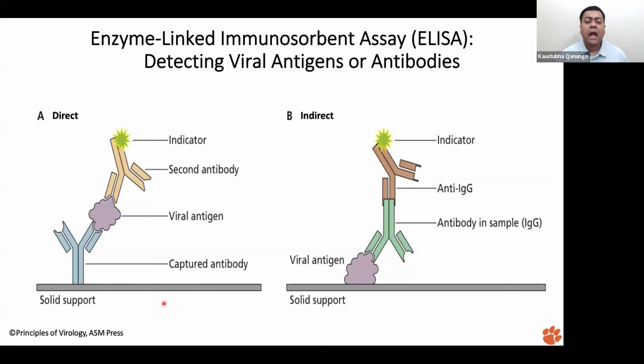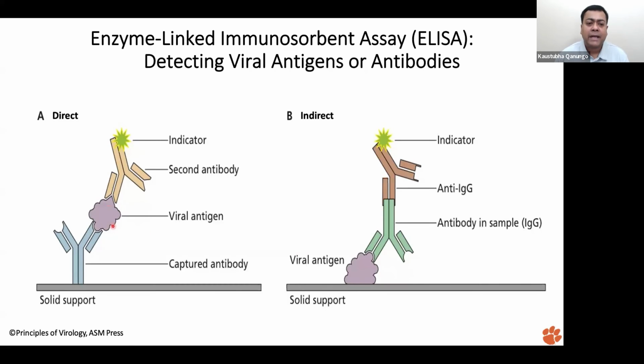So how is this done in the first place? There are two questions being asked. The first question: suppose you have a patient and you are asking whether the patient does have virus in his saliva, blood, or serum.